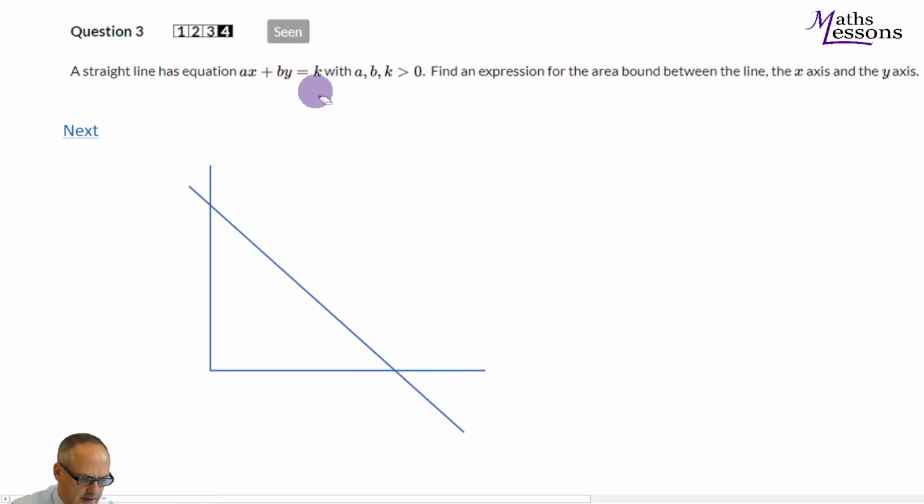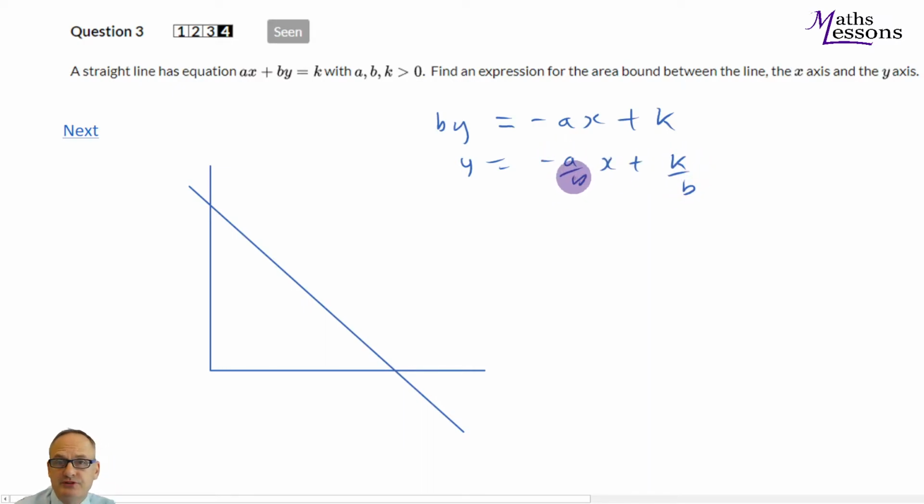Now if a and b are positive, the reason I know my line must go like this is, if we rearrange this, we get by equals minus ax plus k, and therefore y equals minus a over b x plus k over b. And we can see if a and b are positive, then the gradient must be negative.